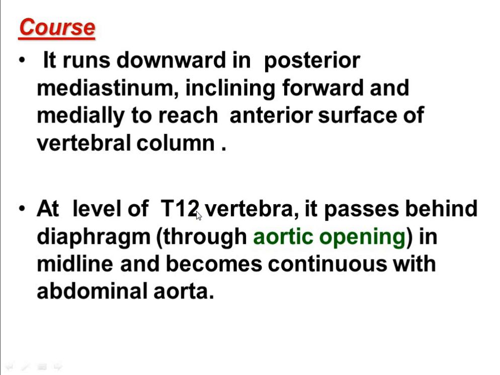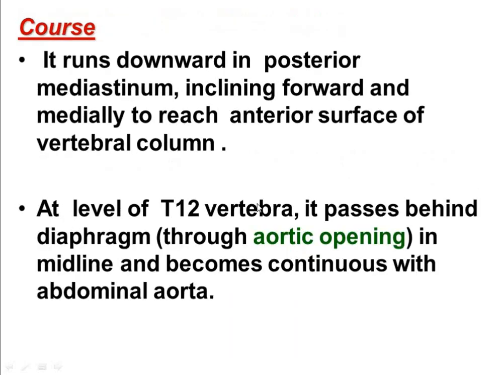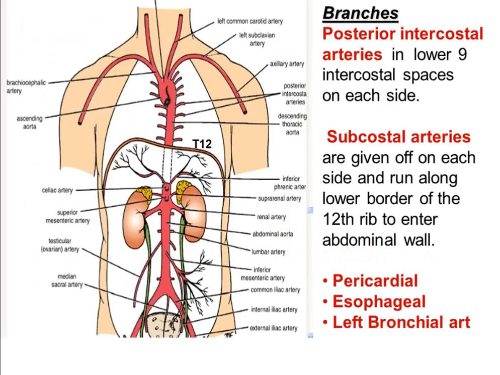At the level of the 12th thoracic vertebra, it passes behind the diaphragm through the aortic opening present in the diaphragm in the midline, and it becomes continuous with the abdominal aorta, which is now close to the abdomen, and so it's called the abdominal aorta.